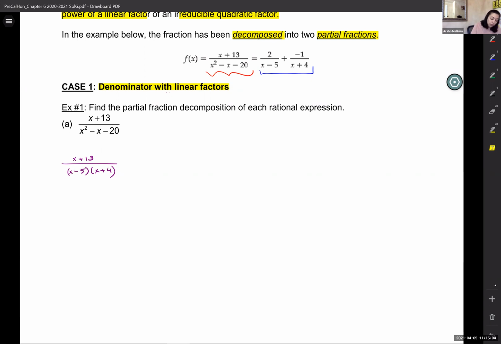Okay? So what we're going to do is decompose this into more fractions. How many factors are in the denominator here? Show me with your fingers. How many? 2. That means we can decompose this into 2 fractions. Okay, so each one of them gets one of the factors.